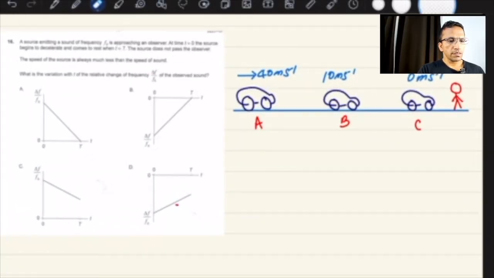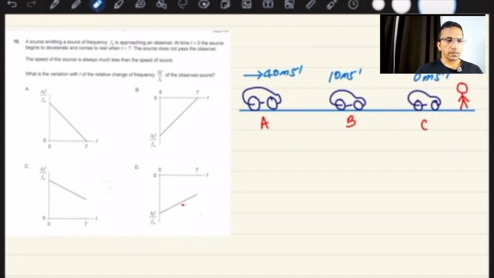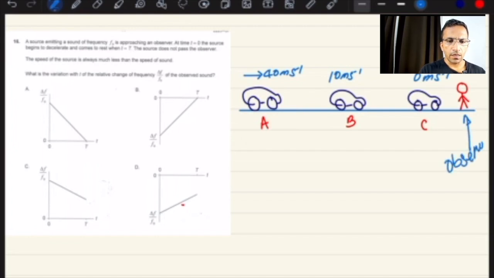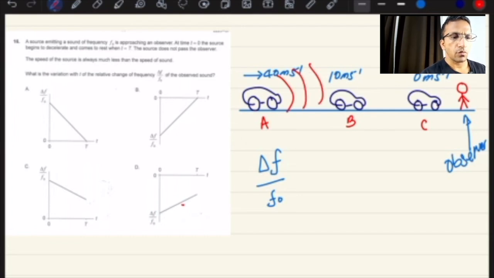Question number 16 is about a car or any other wave source moving closer to you, right? So I sketch this diagram. This is the observer in red color. Now, first thing to understand is they are asking about how the frequency difference relative to the initial frequency changes, right? So let's think the car is emitting a sound wave of frequency 1000.